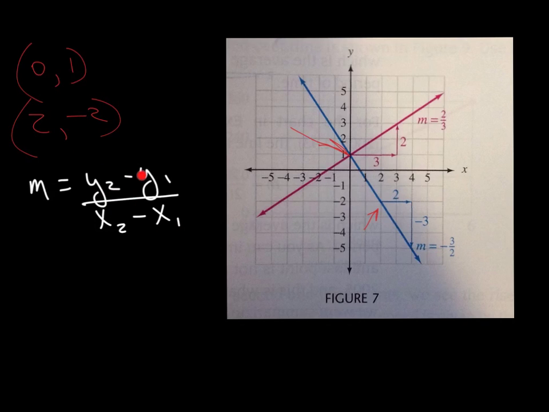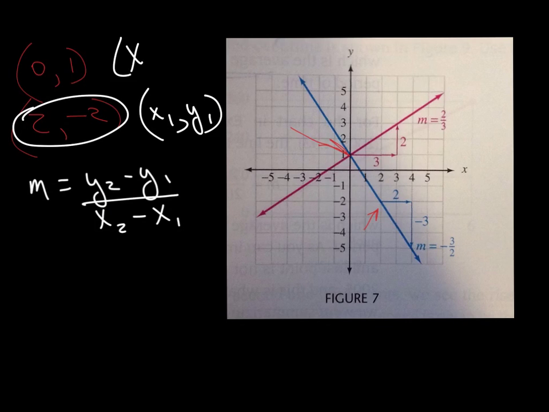So the x1, y1 is this point here, and that means this one is x2, y2. It's just the name of the point.